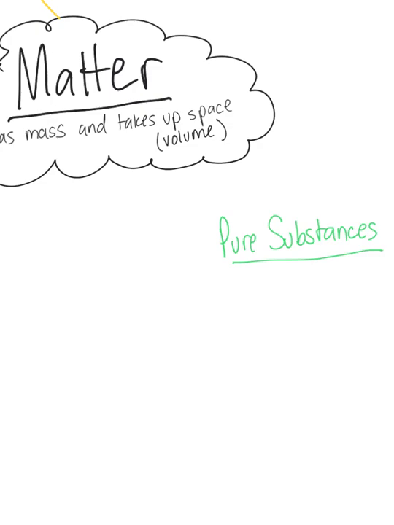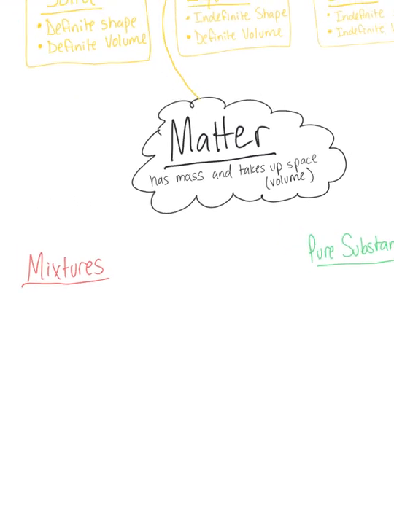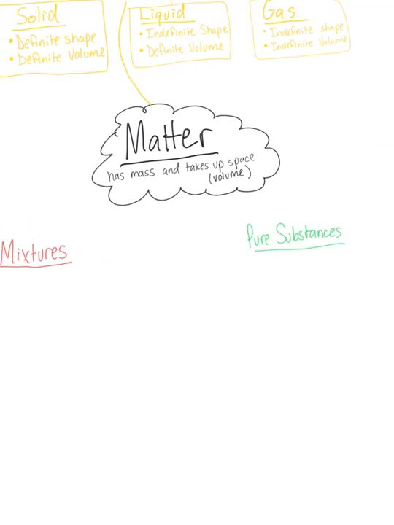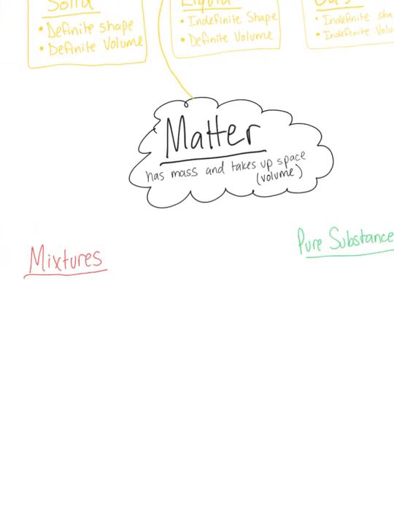Okay? Now, I want you to think in your head, what's the difference between something that's a mixture and something that is a pure substance? And I would imagine that most of you are saying, well, a mixture is things that are mixed. Right. You're absolutely right, but how do we say that without using the word mix in there? And how do we say pure substance without saying it's pure?